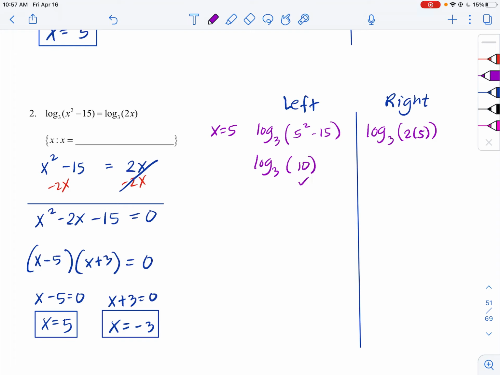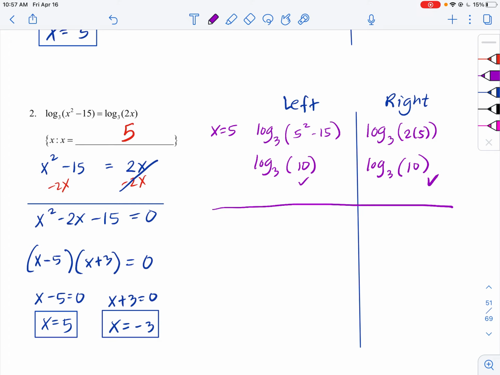So it's not a negative, so we're good. Log base 3 of 2 times 5 is 10. So we have them equal to each other. So the positive 5 would work. I'm going to put that in there because it works.